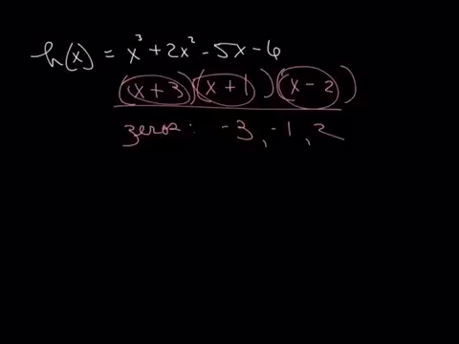So when we express our polynomial as a product of linear factors, linear meaning the exponent on each one of these variables is 1, we can easily find the zeros by making our y value 0. So there's the 3 places where it crosses the x-axis.